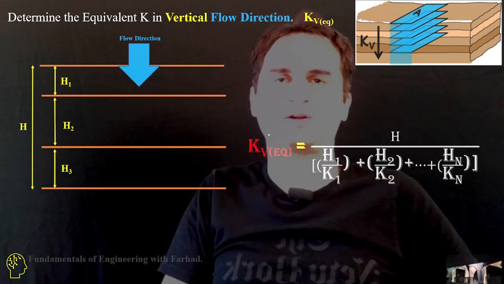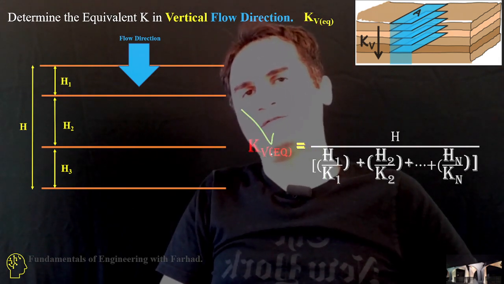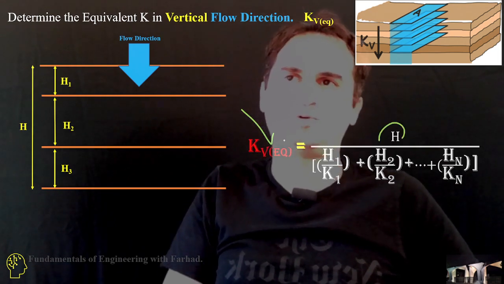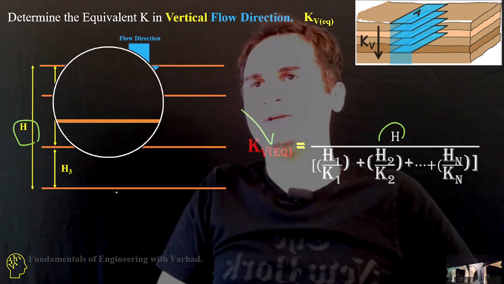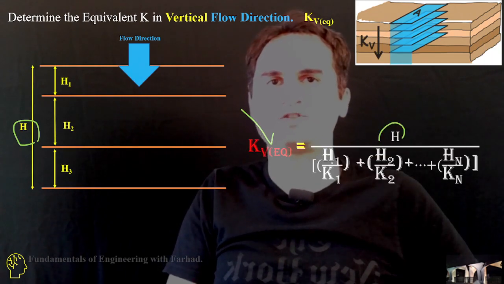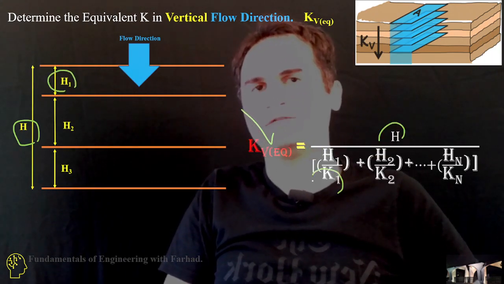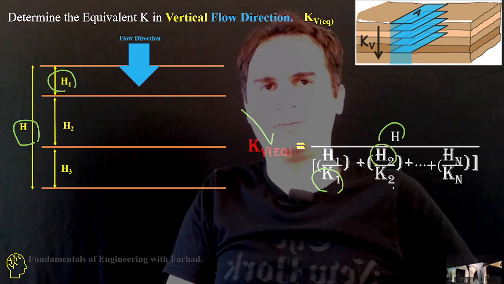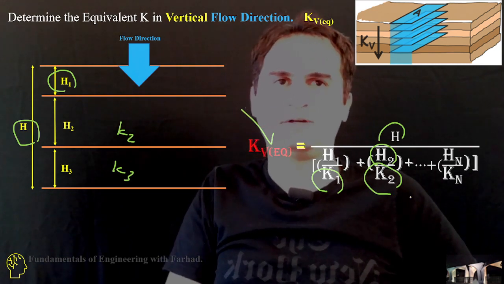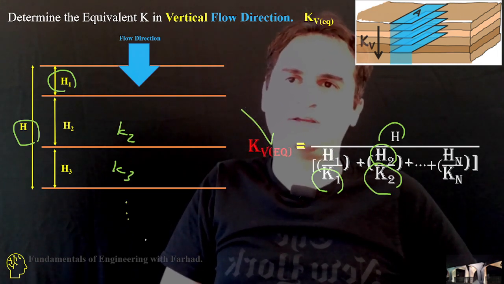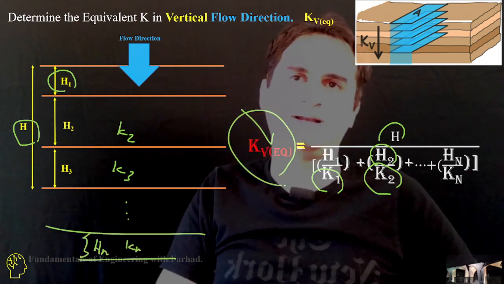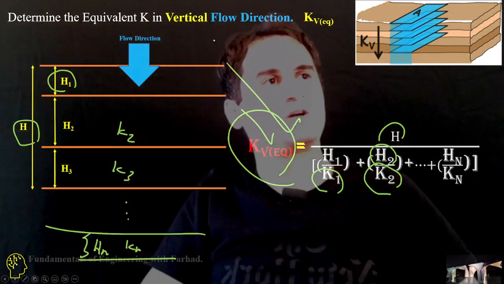In that sense, the vertical equivalent hydraulic conductivity of the soil is equal to the total height of all layers, H, over h1 over the conductivity of the first layer, plus h2 over the conductivity of the second layer, plus h3 over the third, and so on up to hn over Kn. You can just go on and calculate the vertical hydraulic conductivity.